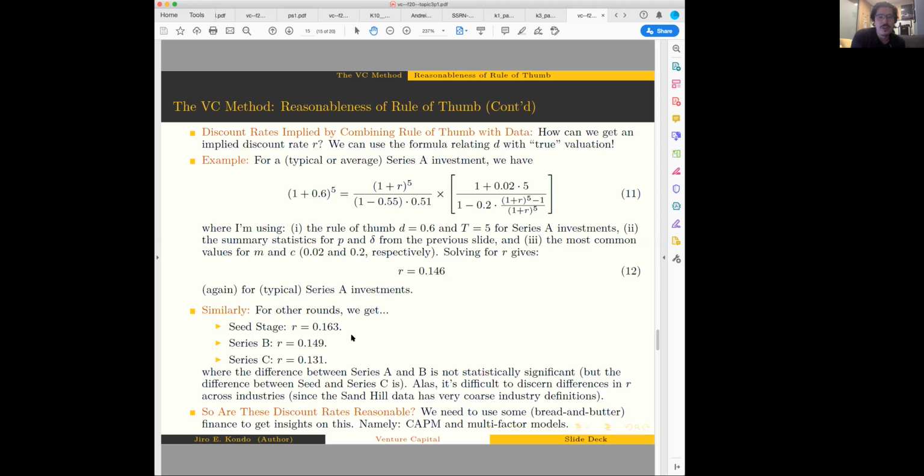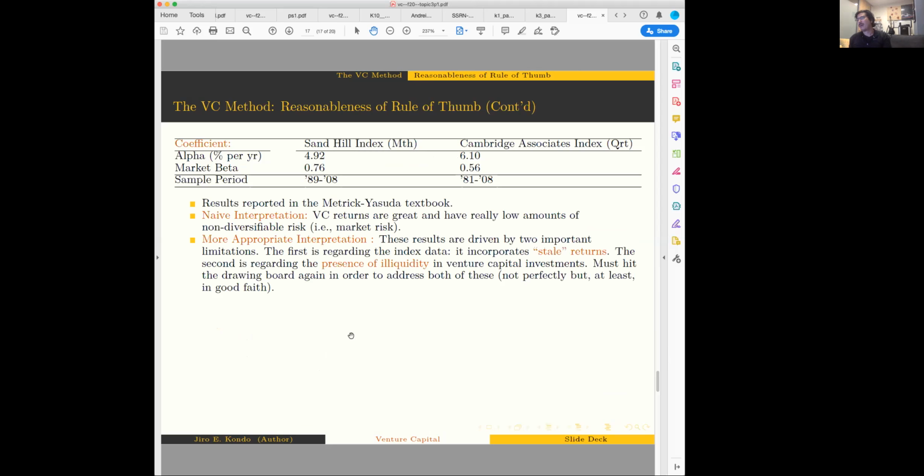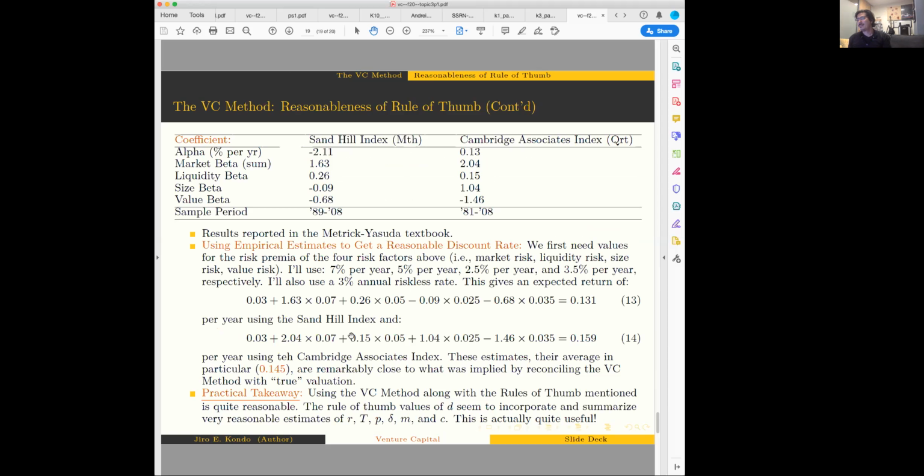And so I ran the best, most tailored asset pricing model that I could come up with on this data. And what I found was rather remarkable. My best model, literally, I did it for both Sandhill, and I found another index, which is by Cambridge Associates.